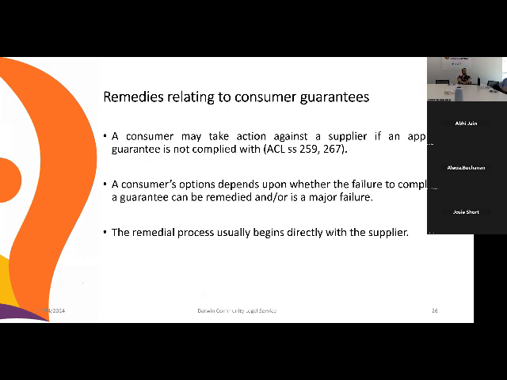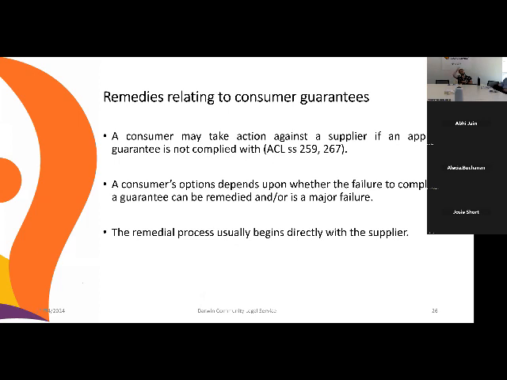Now, as always, with almost all legal matters or any sort of dispute, you always go to the other party first and try and resolve it directly. Chances are it's one of those 5% of cases where it's just fixed. If it's a really small minor thing, big suppliers like Kmart will normally remedy it pretty quickly.